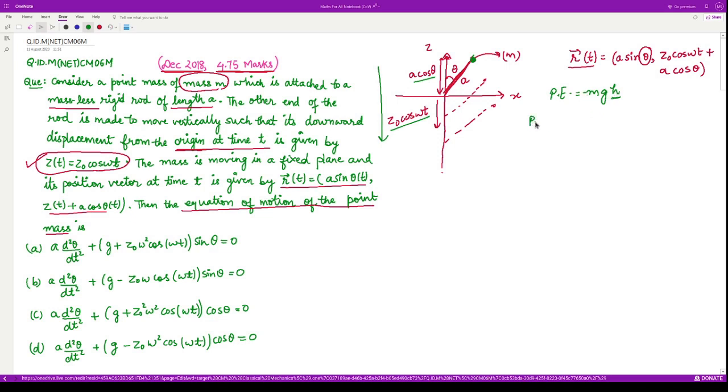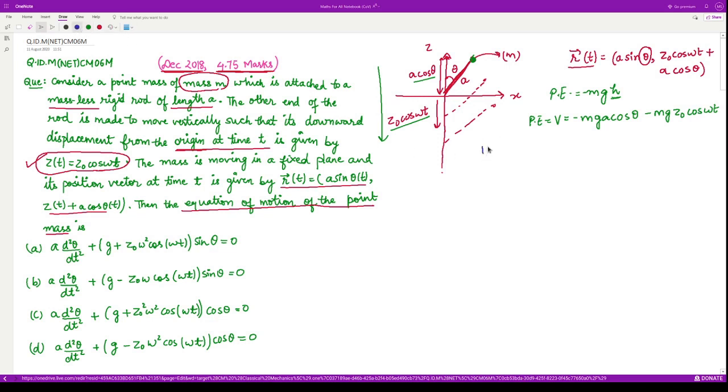So the potential energy V is given by minus mg into the sum of these. So we have minus mg a cos theta and minus mg z0 cos omega t. So this is our potential energy.